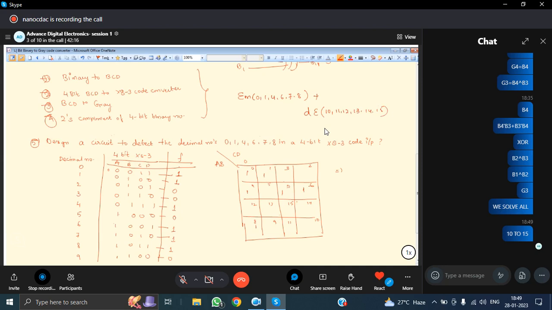So if you consider these don't care terms, 10, 11, 12, 13, and write the equation, what will you get? Can you tell me the equation you are getting?